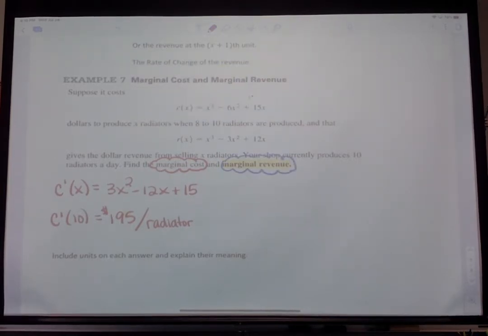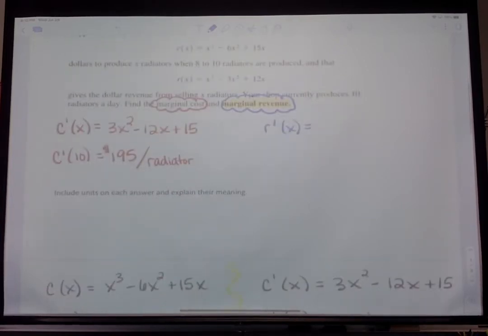Let's look at marginal revenue. That's going to be R prime. And I've got 3x squared minus 6x plus 12.